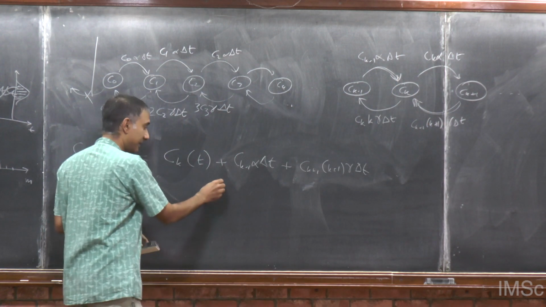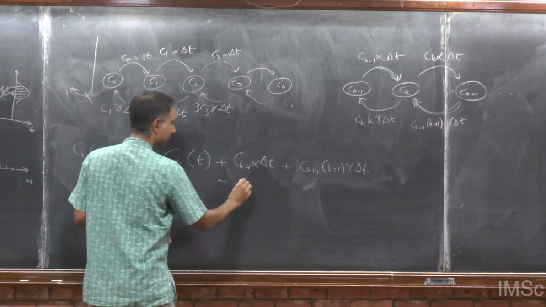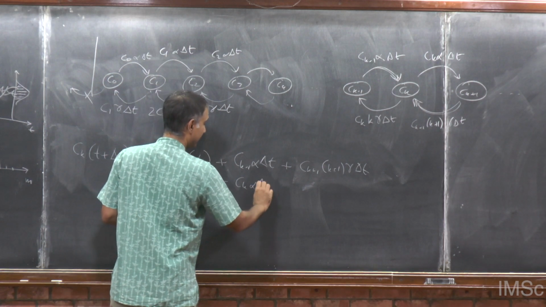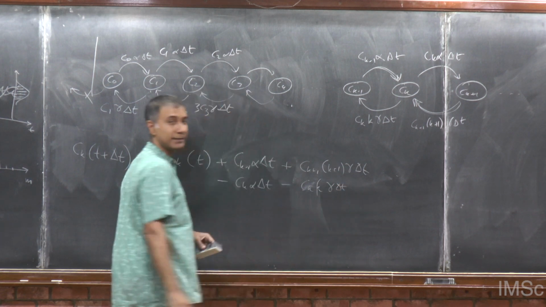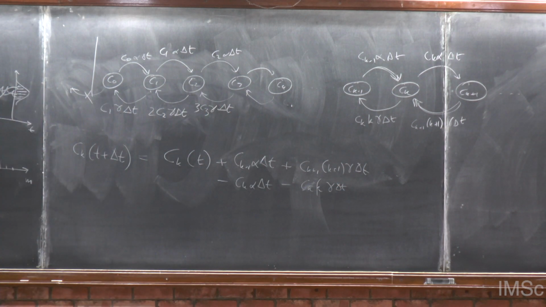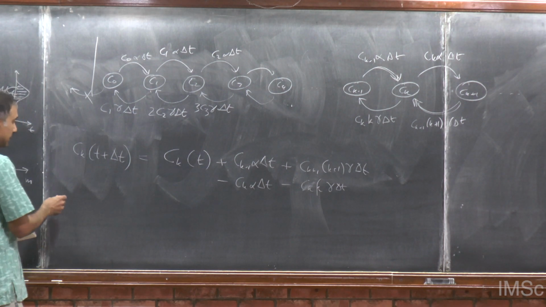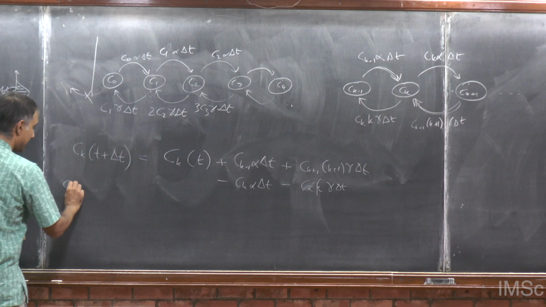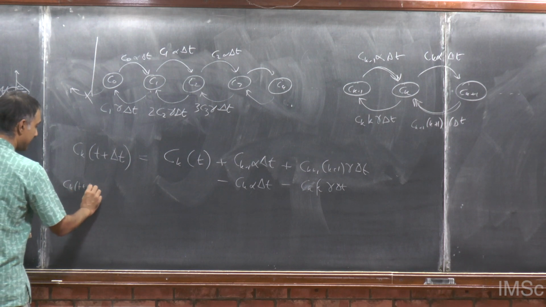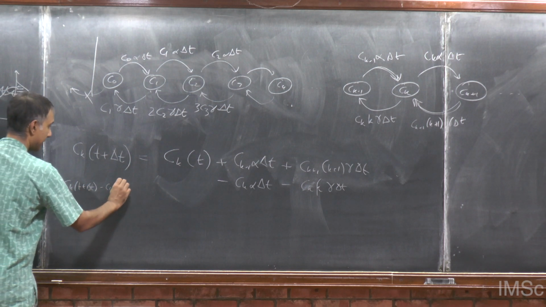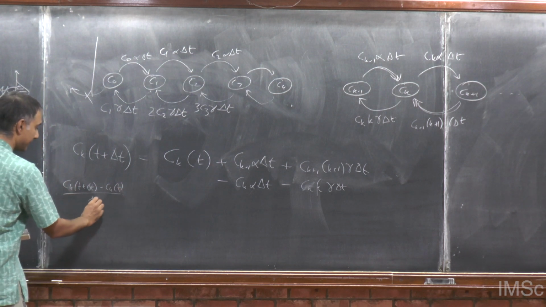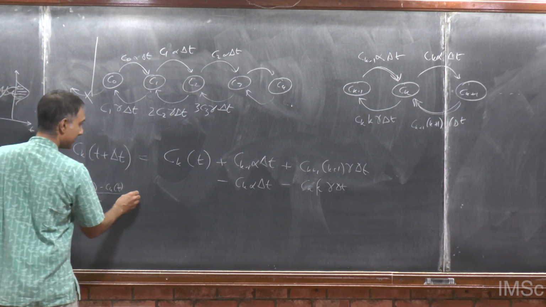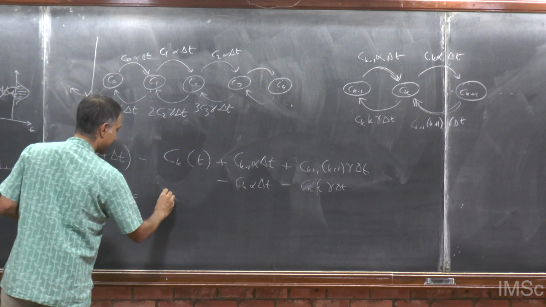It's these two things, this one and this one. And then you have to put minus, and then do the other one. So minus Ck alpha delta T minus Ck K gamma delta T. That's how much you would have. Now I'm just going to move things around. So I'm going to write Ck(T plus delta T) minus Ck(T) divided by delta T is equal to, and I'm just going to write these terms.